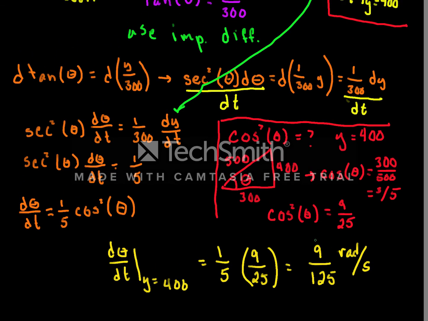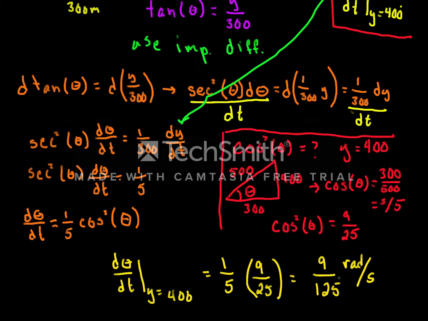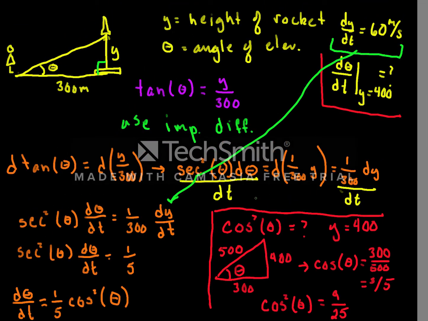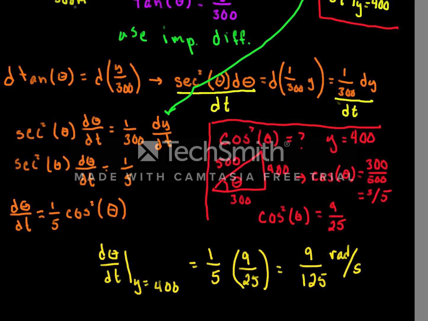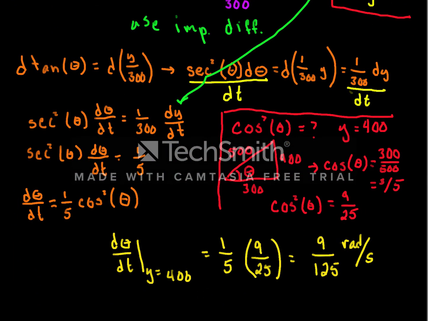And again, we've solved it, and we should check that our answer at least makes sense. Coming back here, if the rocket is ascending, the angle is increasing, so the rate should be positive, and sure enough, we get a positive sign. So at least signs make sense, our units make sense, so assuming we didn't make any errors, this should be our answer.